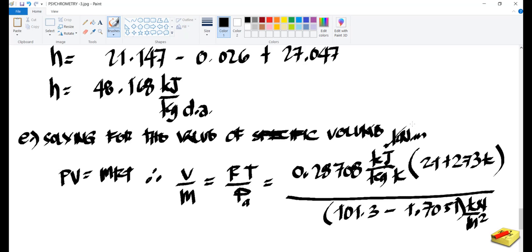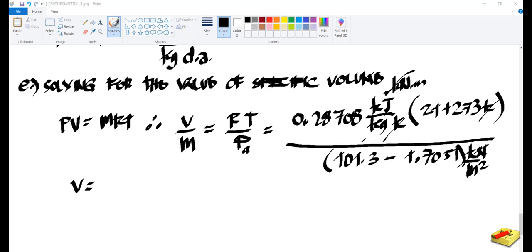So cancel out. You have your Kelvin, cancel out. So we have the specific volume now is equal to 0.8474. So this is cubic meter per kilogram, no? Okay. Now cubic meter per kilogram, then we have your dry air.